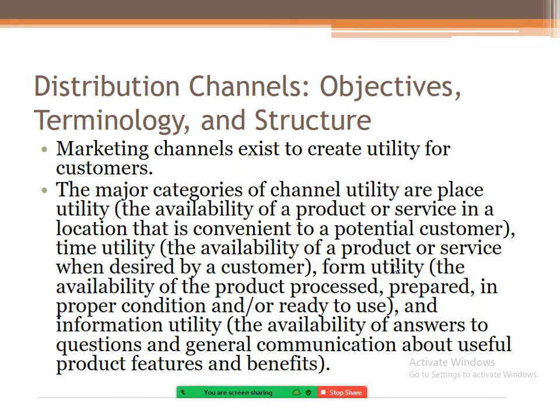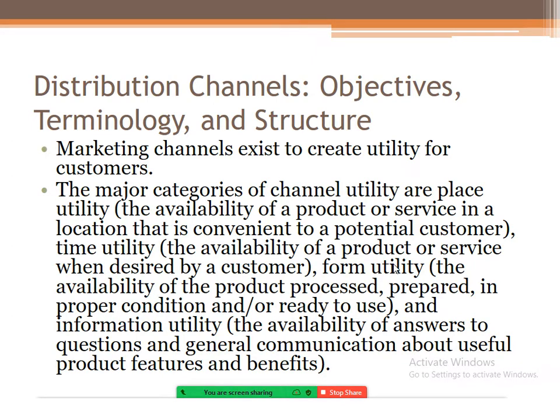Choosing a channel strategy is one of the key policy decisions that management must make. For example, we can say that Coca-Cola's global marketing leadership position is based in part on its ability to put Coke within an arm's reach of the desired customer. In other words, they have created the place utility.